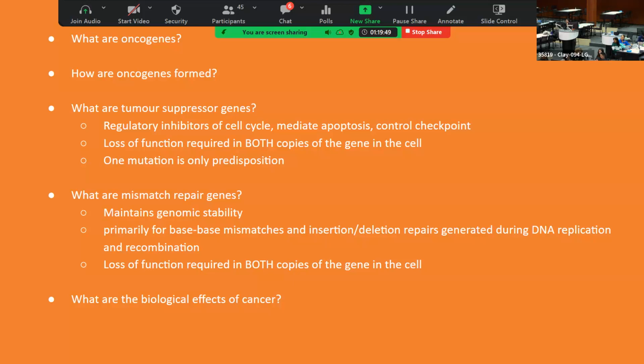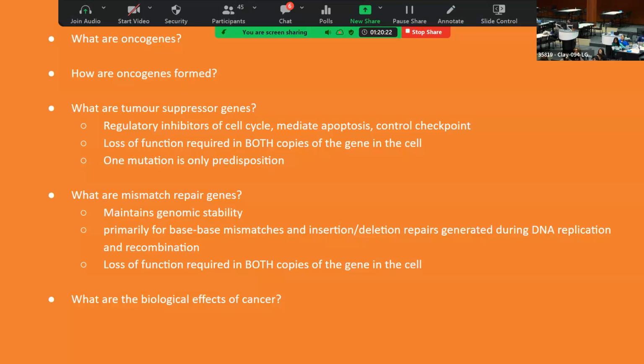And for this one, it's really important that the loss of function is required in both copies of the gene in the cell. If you have one mutation, it's only a predisposition. While with your oncogenes, if those are formed, you only need one copy of that gene in order to create cancer and wreak havoc on the cell.